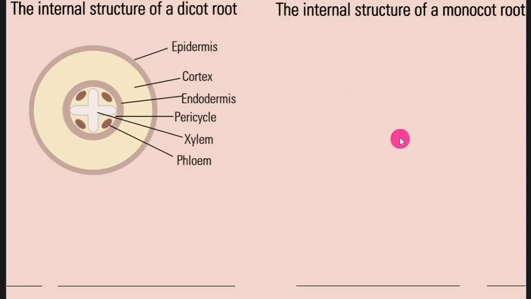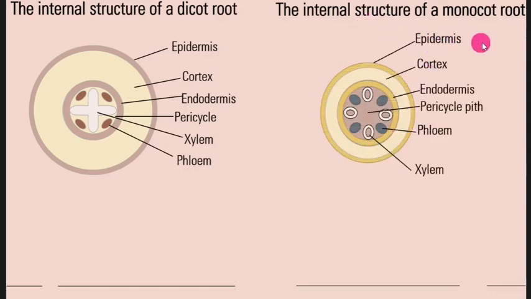See also how a monocot root looks. It is different, guys. Here you see that we have the xylem alone, and then the phloem well separated, and then we have the central part, the pith. Then we have this ring here, the endodermis.